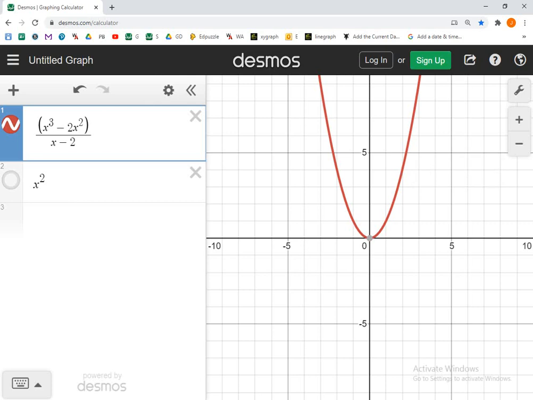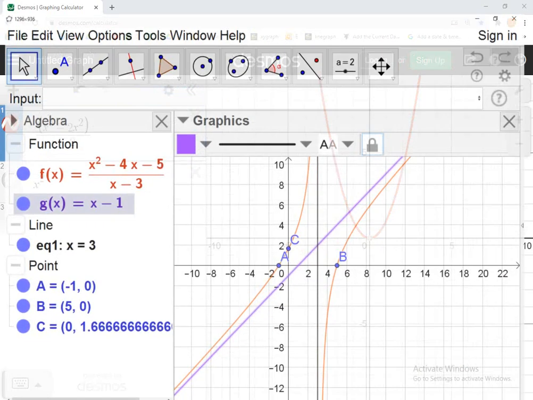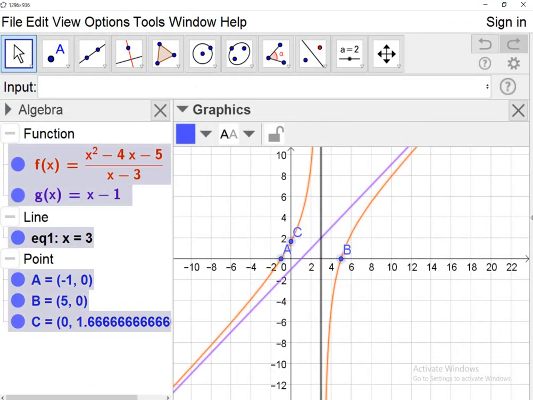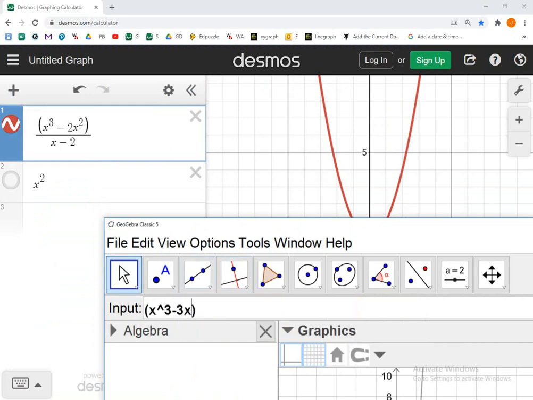Yeah, but programming doesn't do that. If we wanted to do this in GeoGebra, it doesn't do that for us.